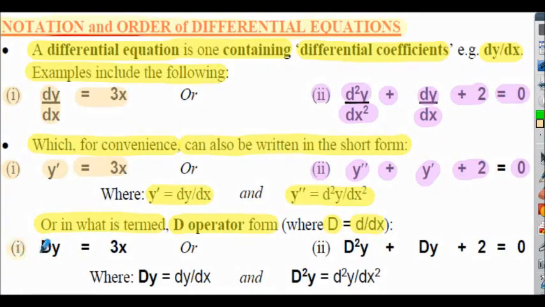So again, item 1 we can write as capital Dy is equal to 3x, or item 2 we can write as capital D squared y plus capital Dy plus 2 is equal to 0. Here the capital Dy is equal to dy by dx, and the capital D squared y is equal to d2y by dx squared. So just be aware of the various formats that can be used within this topic of study.